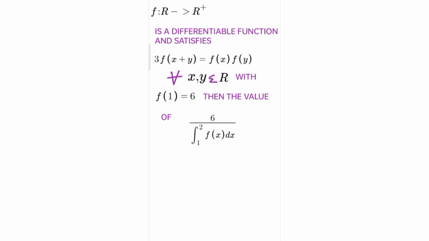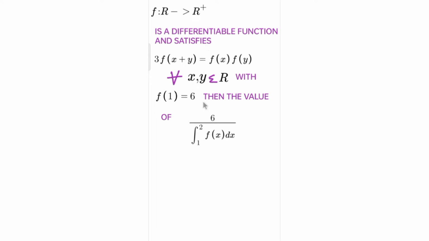It's a differentiable function, and satisfies this equation: 3 f of x plus y is equal to f of x into f of y for every x, y belonging to R, with f of 1 equal to 6. This is the value of f of 1 that is given to us, that's 6. Then we need to find the value of 6 by integration 1 to 2 f of x dx. So this is what we need to find.